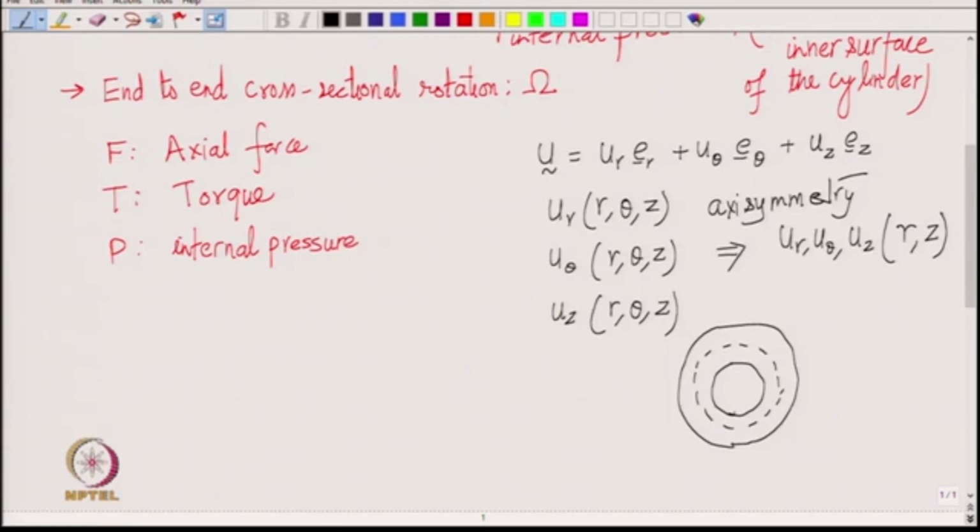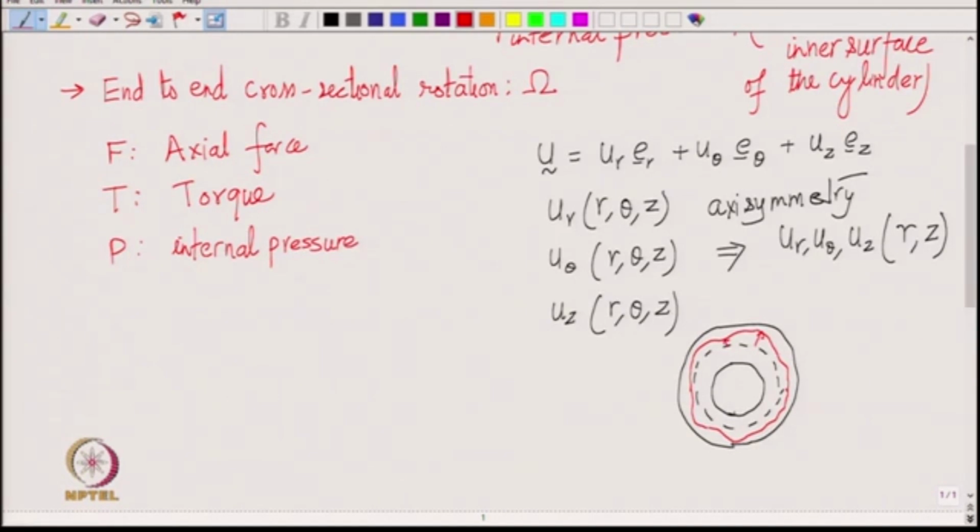If initially it is a small r, then the final would be small r plus u r, correct. Now, suppose that u r depends on theta, then the change in radius is different for different theta. So, that would mean that the final circumferential line is no more circular, because for different theta you have different u r. So, the u r here is something else, whereas u r here is something else, right.